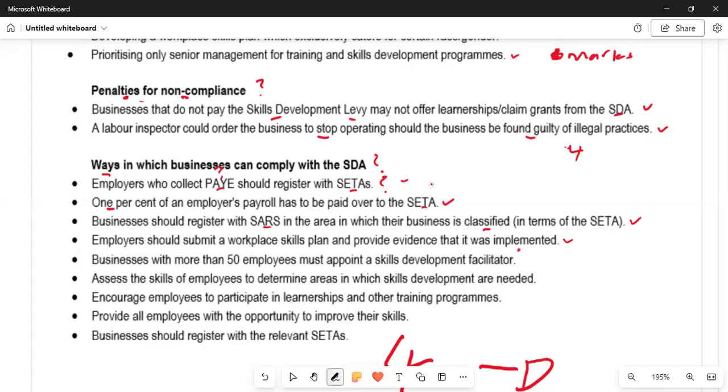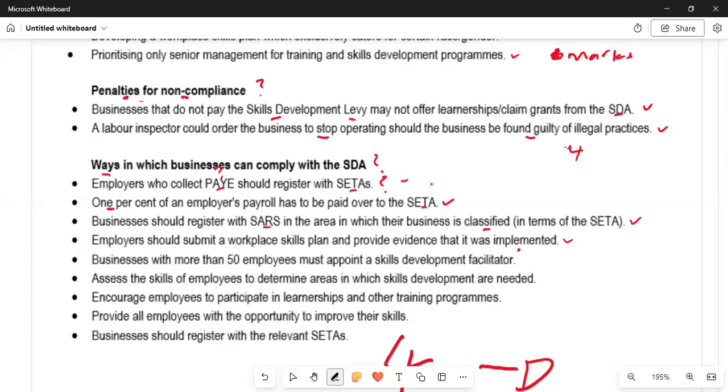They want to know that the skills you're going to provide will respond positively. So that evidence is very important. Before you can get the grant from the SETA, you need to submit the workplace skills plan, which is going to be approved by the SETA. They make sure that this is really what you're going to give to the employees.